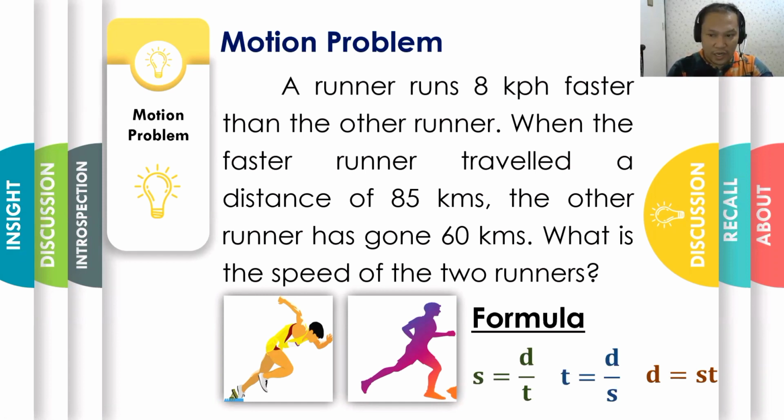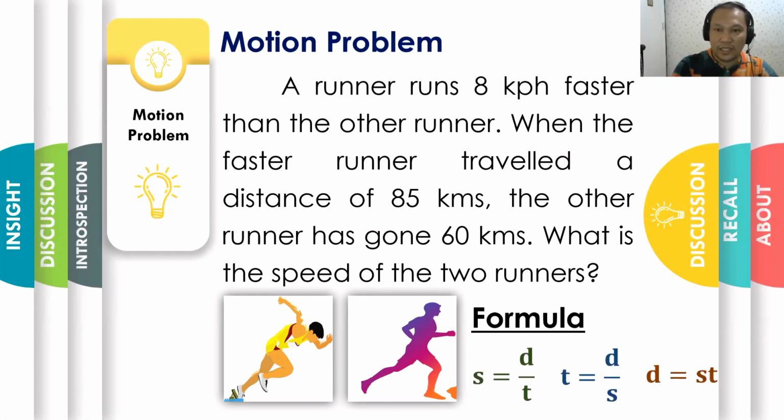The question here is, what is the speed of the two runners? I repeat, there are two runners. The first runner is 8 kilometers faster than the other runner. When the faster runner traveled a distance of 85 kilometers, the other has gone 60 kilometers.